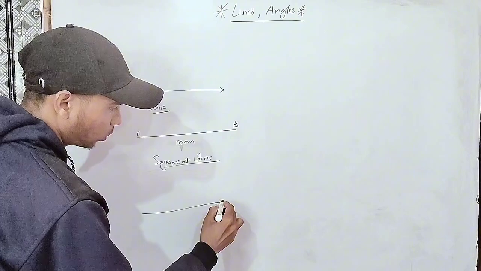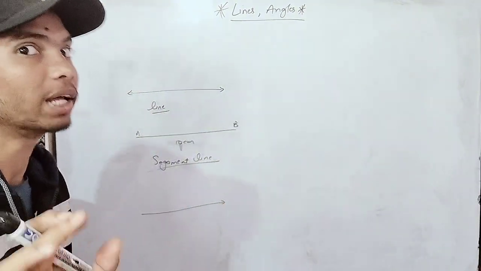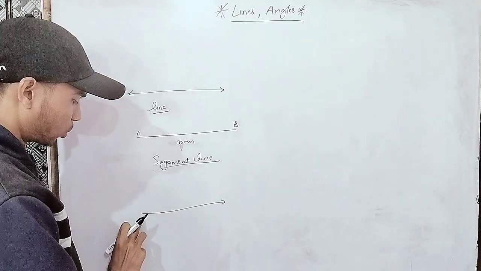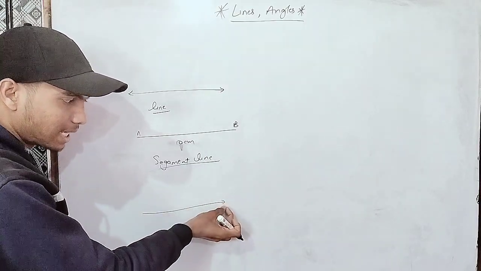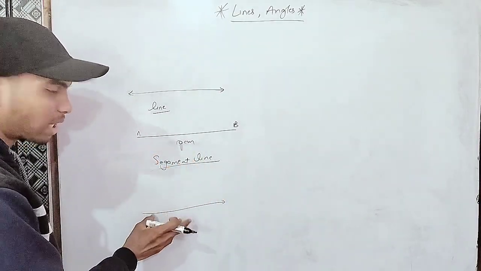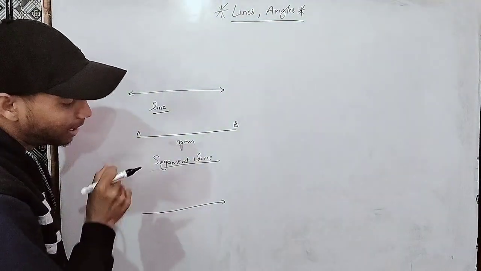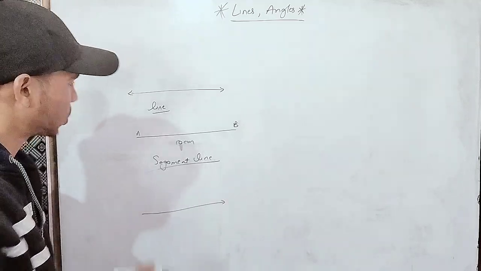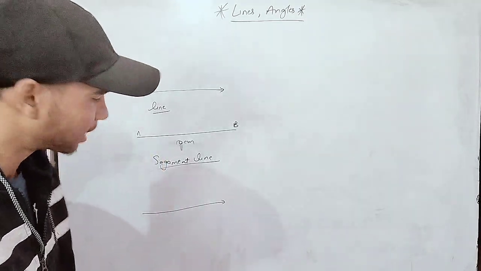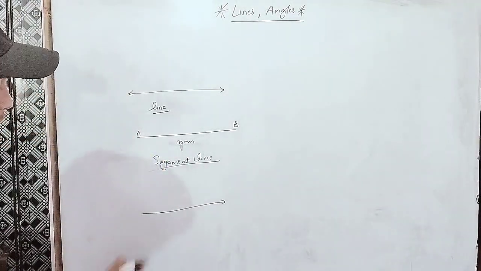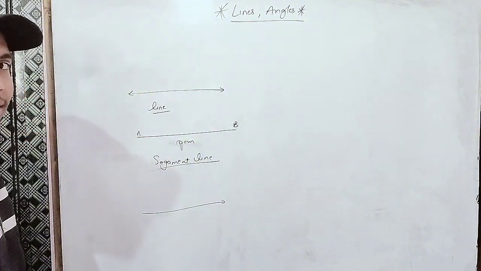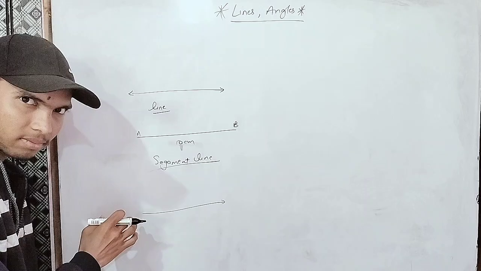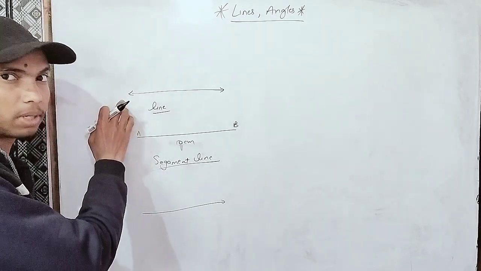Now what if I say that you have a line with one arrow? Here I applied one arrow to our line. Now what is the name of this line? Can you tell me? The name of this line is line. The name of this line is segment line. But now tell me, what would be the name of this line? Is this line the same as compared to this?